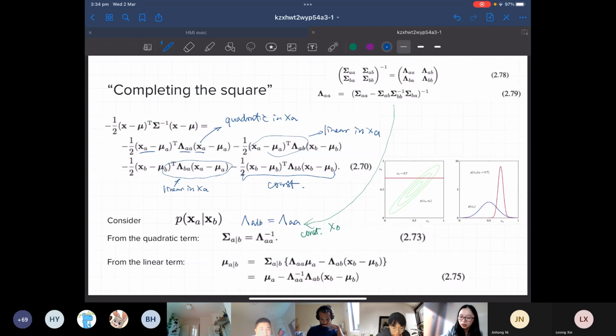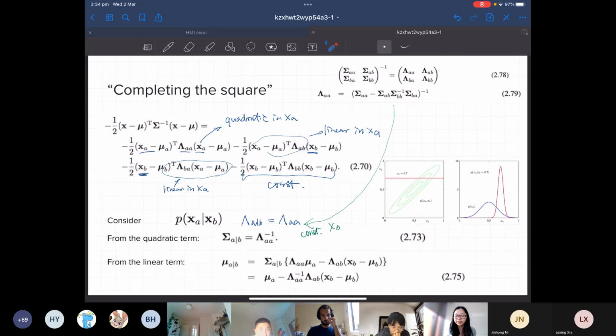Notice that xb is present. So where the mean sits is influenced by the value that you're conditioning on, which makes sense because when we slice at different values of xb, the mean shifts. This red distribution will move left to right depending on where we cut it.